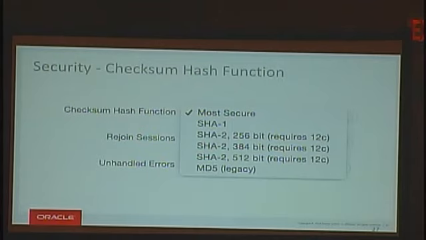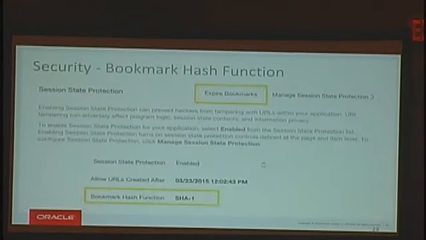It's used for all the checksums Apex is generating, like when you're doing session state protection, or you have the bookmark functionality available. And if you use bookmarks, we are not able to automatically invalidate your bookmarks, because if we would do that during the installation of Apex 5.0, all your users would scream because all the bookmarks are not working anymore.